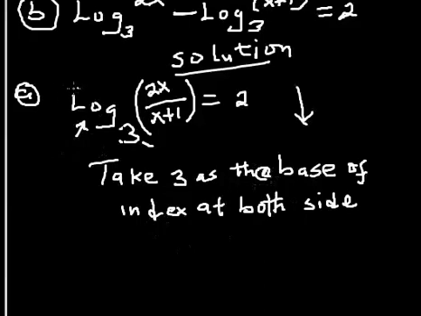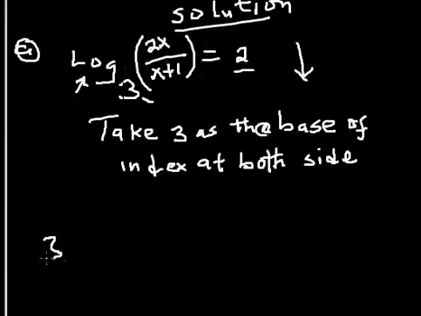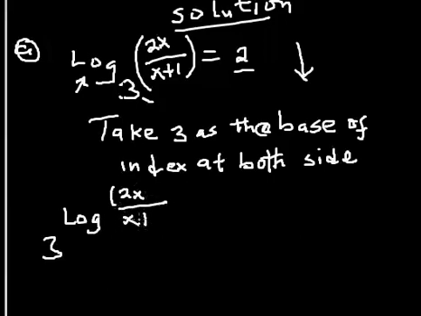Now let's say I have 2 here, then I have log 2x all over x plus 1 in base 3. If I want to eliminate this log, I'm going to use 3 to raise the log to a power. So I'm going to do 3 raised to the power of log of 2x all over x plus 1, base 3.